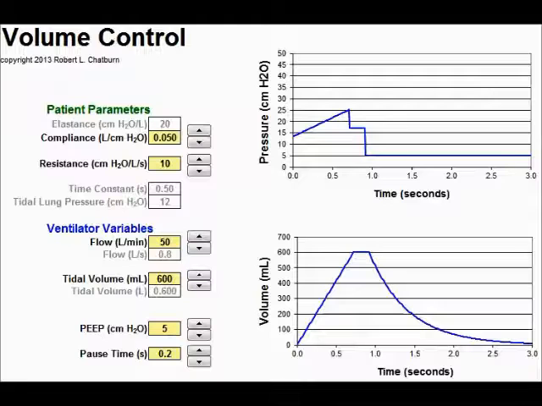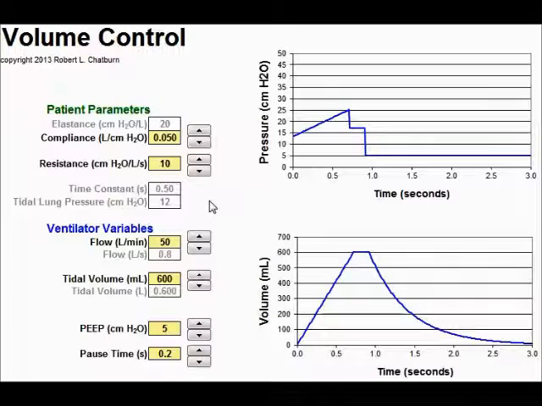During volume control ventilation, my flow rate is a fixed flow rate based on my setting of flow. As you notice on my ventilator variables over here, with a fixed flow rate, I'm generating these pressures in my patient for the same tidal volume. However, during transient states of variable flow, the only way to increase or decrease the flow to the patient is for the practitioner to change my flow rate.